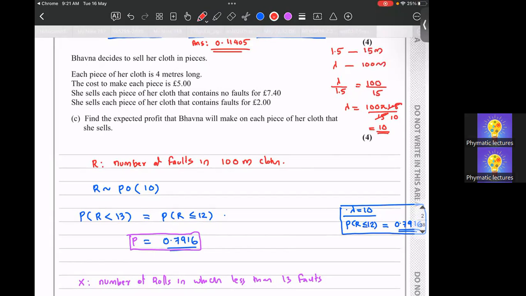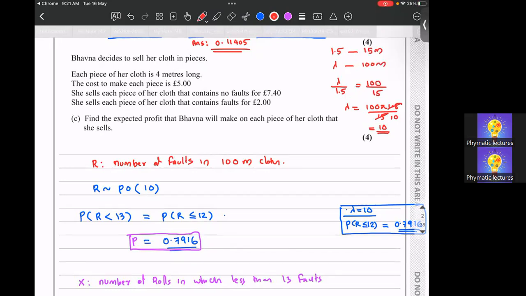Each piece of her cloth is 4 meters long. From the basic information in this question, we know that for 15 meters there are 1.5 folds on average. So in 4 meters, we should first proportion the rate of folds, or average folds, in 4 meters length. Then what we should do, anyway, it's a Poisson distribution, correct?